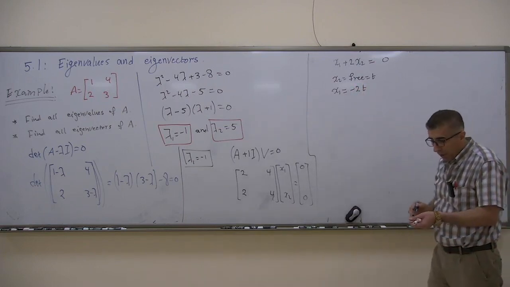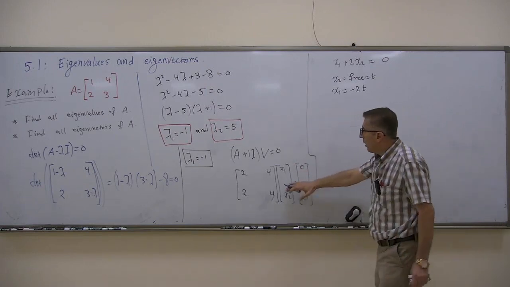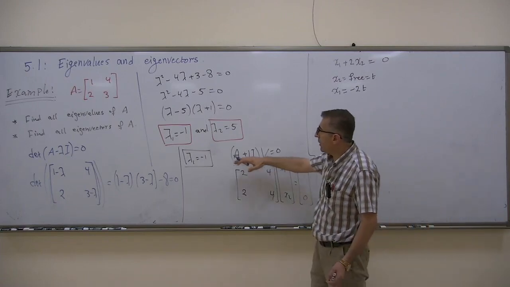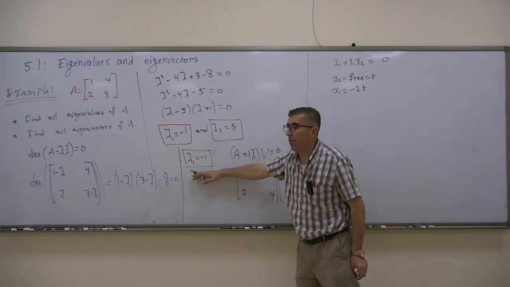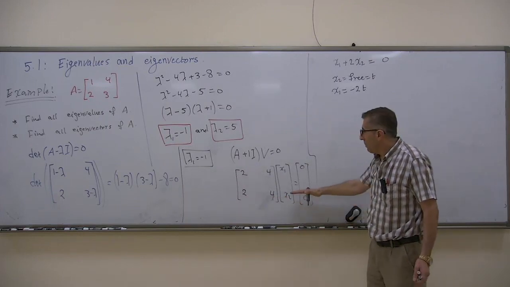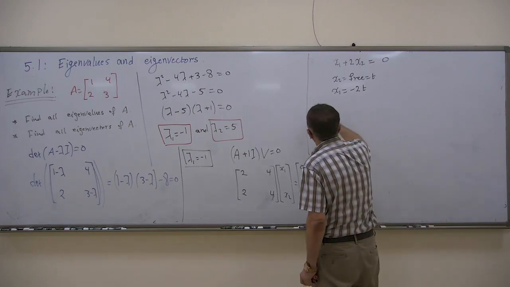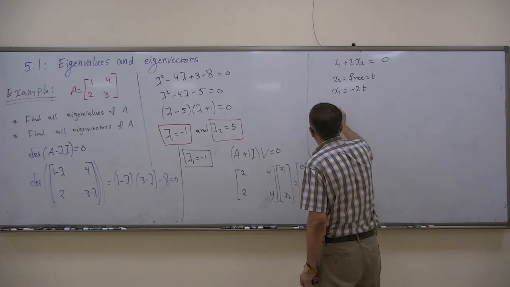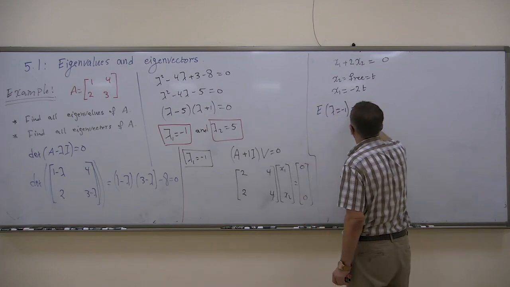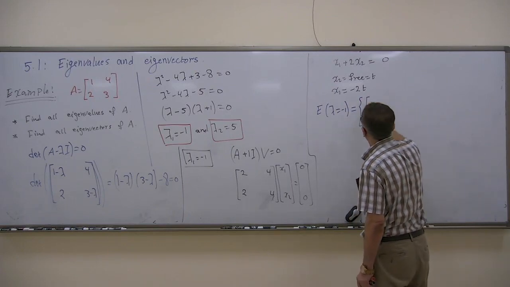So what are we getting here? We are getting the solution of this homogeneous system. That will give us the eigenvectors that belong to this eigenvalue. So we know this is actually a subspace. Okay? So we write it as follows. E lambda equals negative 1. And that is going to be all vectors of this form.